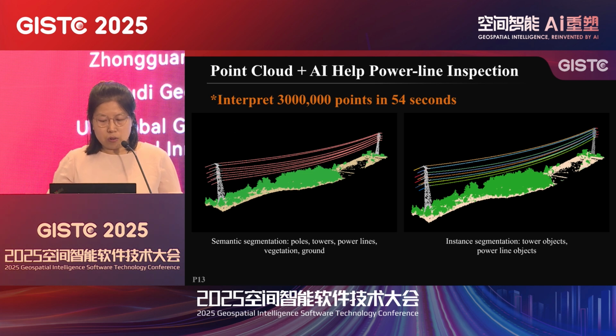It can also extract individual pole and power line objects, achieving precise instance segmentation of point clouds. For point clouds with around 3 million points, the inference time is about 44 seconds, significantly reducing manual labor costs and improving post-inspection efficiency in power grid maintenance.